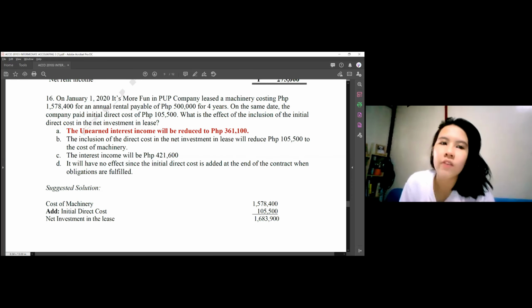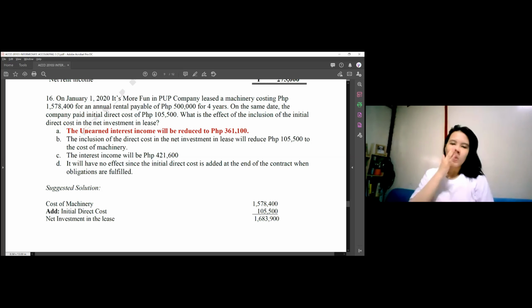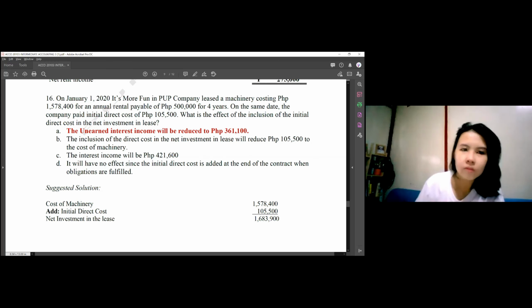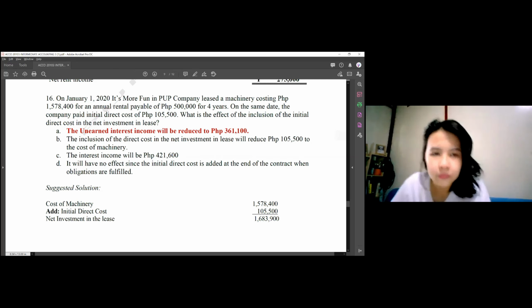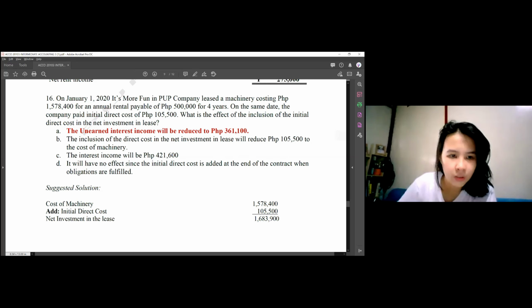What is the effect of the inclusion of initial direct cost in the net investment lease? Okay, so let's start with the cost of machinery. Ang sabi dito, 1,578,400 siya. So, we add the initial direct cost of 105,000 kasi nga ang tinatanong niya ay effect ng inclusion ng initial direct cost. Diba?